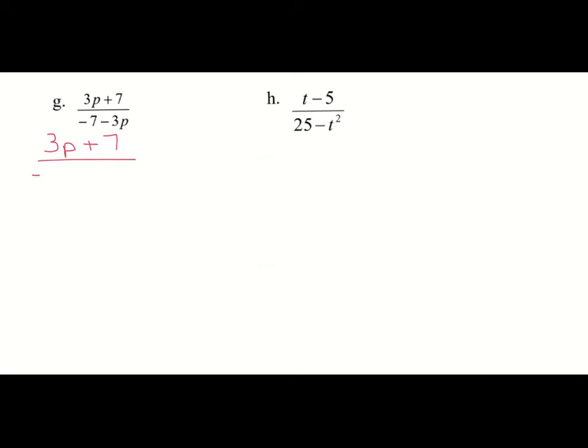So if I factor out a negative 1, it's going to give me positive 7 plus positive 3p. And again, 3p plus 7, 7 plus 3p, they are exactly the same. It doesn't matter that the order is switched on the bottom. These would cancel out, and again, it would equal a negative 1.